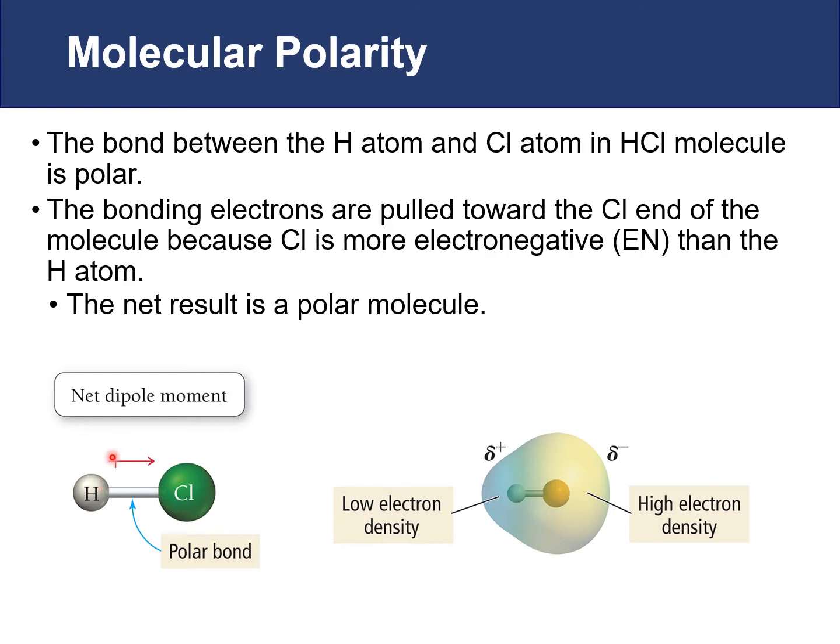So you have a plus end where the hydrogen is, the minus end is over here by the chlorine. The arrow that is showing the net dipole between the two atoms points in the direction of the more negative side. So you have an arrow with a little plus on one end, that goes on the plus side, and then the direction that the arrow is pointing goes towards the negative end of the dipole.